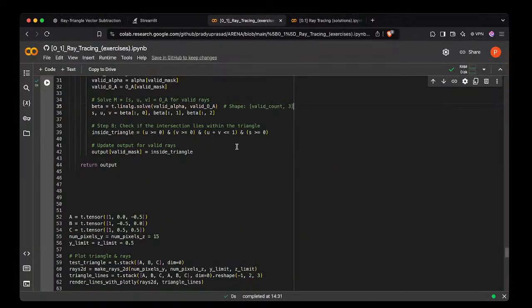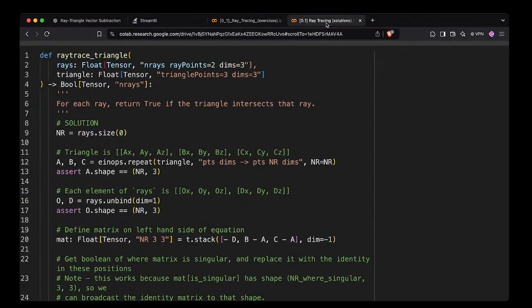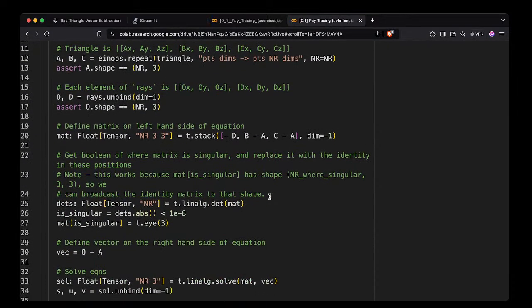We have done the repeating a little differently, right? We said we want to repeat the triangle n times, and they have repeated each of these n times, horizontally. Then they unbundle it. Okay, got it. No, I get it.